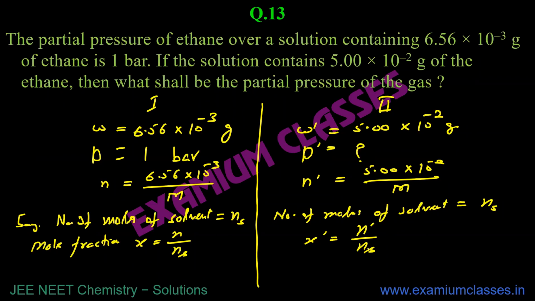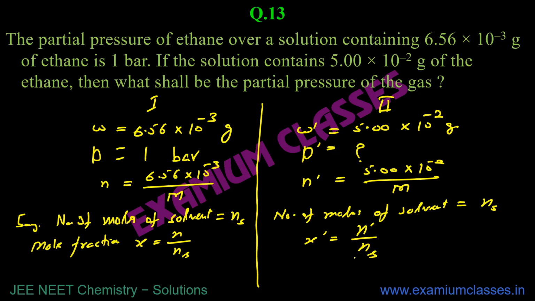I have neglected the number of moles of solute as compared to the solvent. Otherwise, it would have been N plus Ns here and N dash plus Ns here. So I am doing an approximation, so I am writing Ns. Is that clear, everyone, or not?